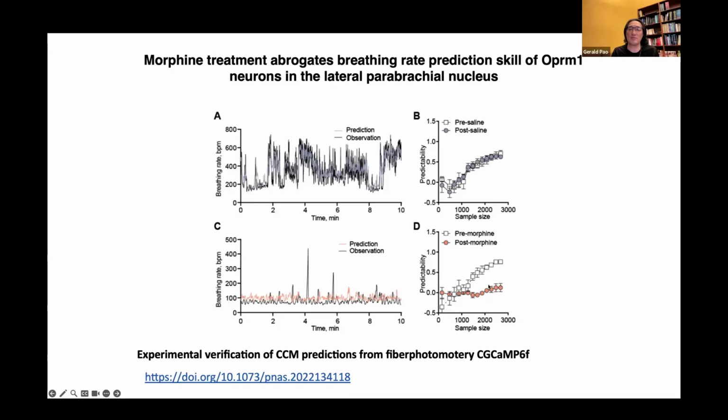Your prediction accuracy becomes very low. So basically, those predictions from CCM are experimentally testable. It's not just that you can test the thing, you can predict things. You can actually show that the predictability goes away if you do an experimental manipulation that affects the cause and effect relationship of these two things. So this is like experimental proof of your computational hypothesis.